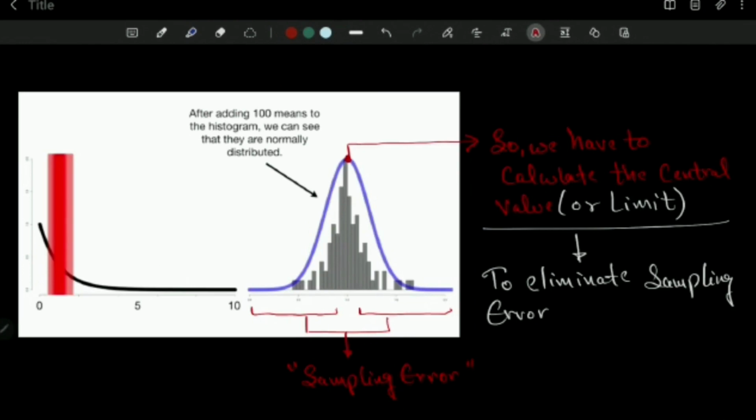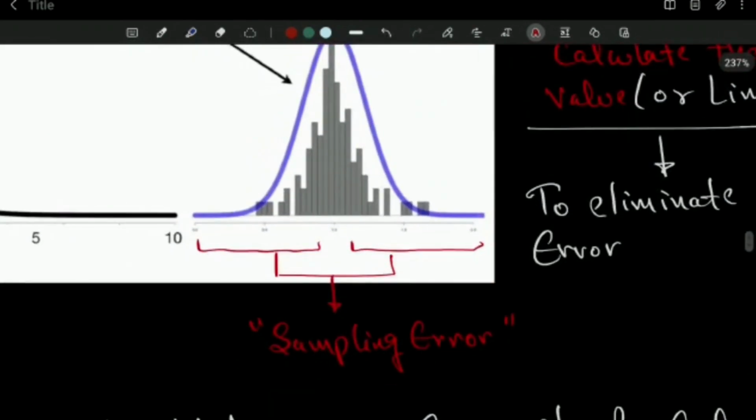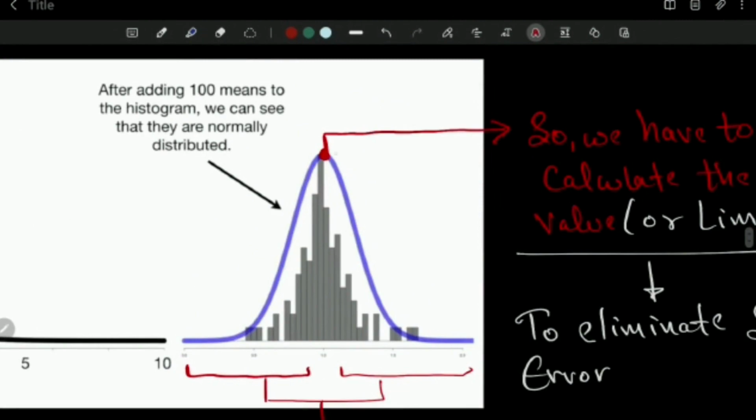When we say that these means are normally distributed, what we are actually saying is that there is some portion of these means which are lesser than the population mean. There are a few that are larger than the population mean, and there's this one central value which is exactly equal to the population mean.